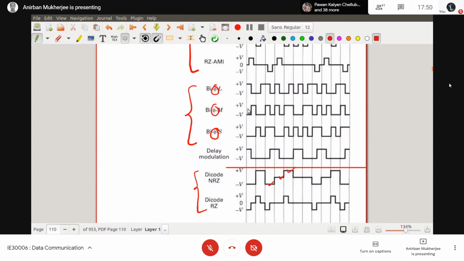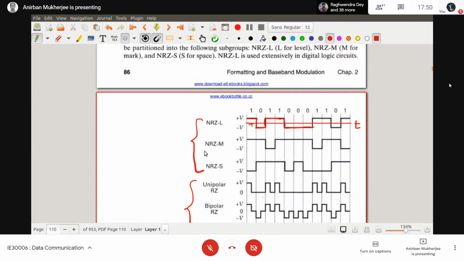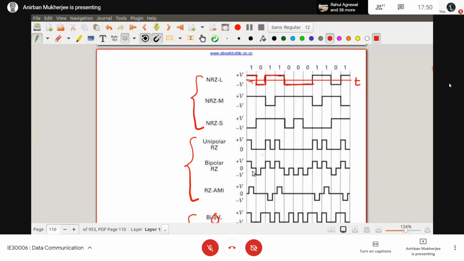With NRZ-M, the mark, which is 1, is represented by a change in level, and 0 means space, which is represented by no change in level. If you read this, it is written in the book, and you will find the different representations.